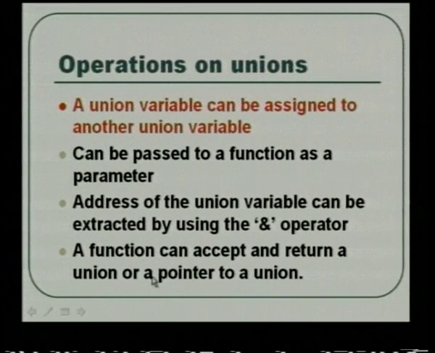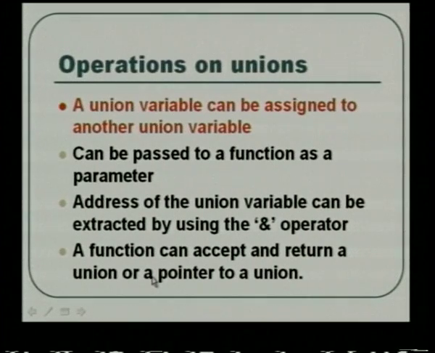So, what are the operations that can be done on unions? That is, can they be passed as a parameter and so on? A union variable can be assigned to another union variable. This is just the concept of transferring values, just as we use common variables, A is equal to B or B is equal to C. Similarly, we can take a union variable, as we declared in the example, shirt and so on, and assign its value to another union variable.